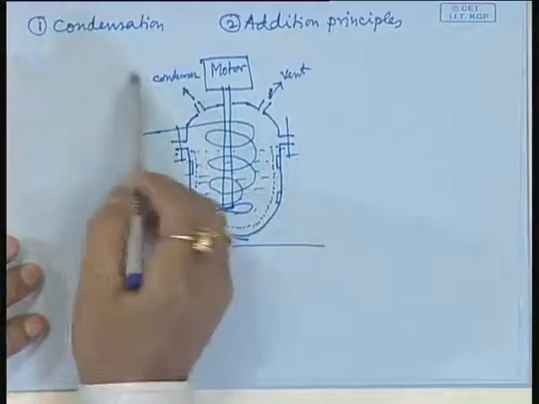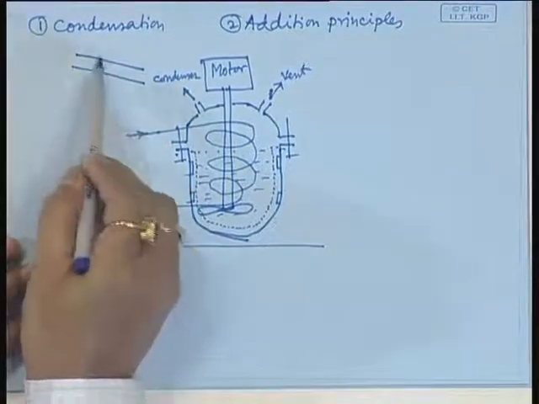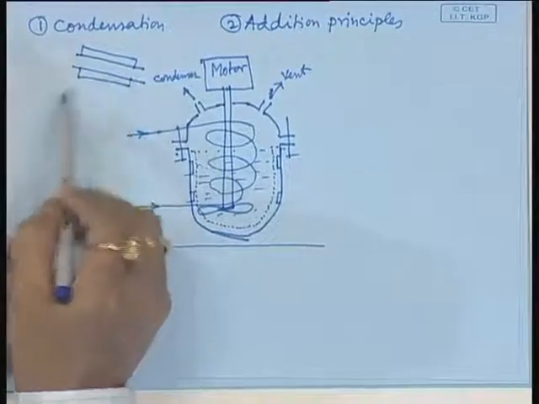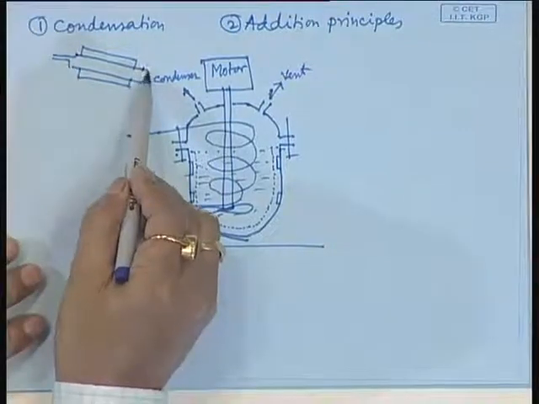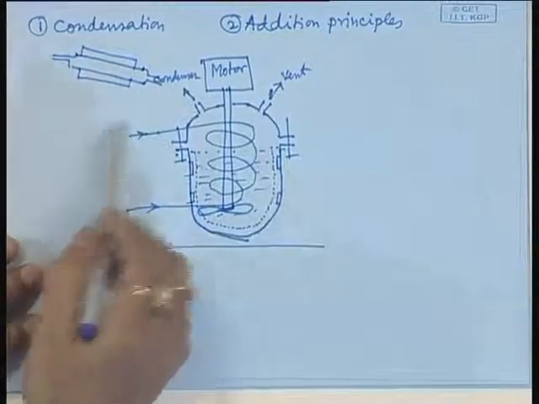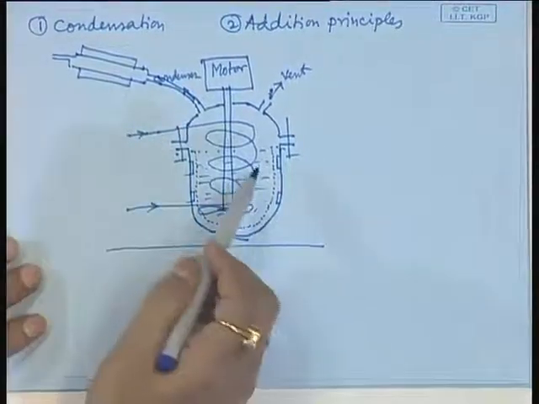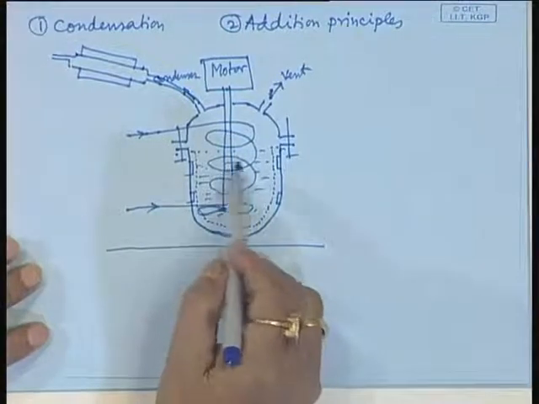Suppose there is a condenser like this, connected to this reactor. It contains the solvent, and the temperature becomes high.